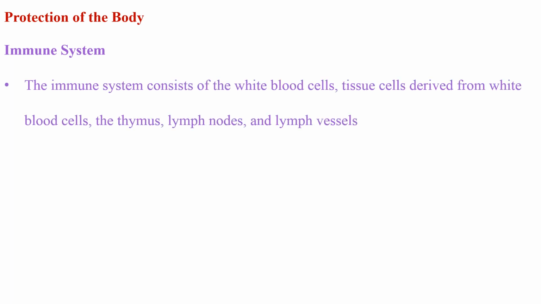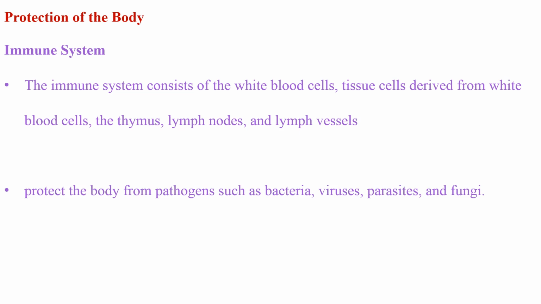The body is protected against external threats by immune system. Immune system is a mechanism of defense that consists of white blood cells, tissue cells derived from white blood cells, the thymus, lymph nodes, and lymph vessels.